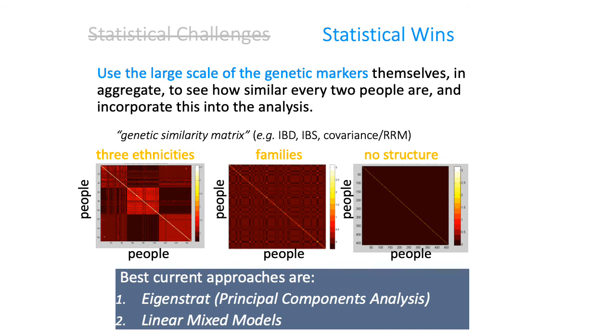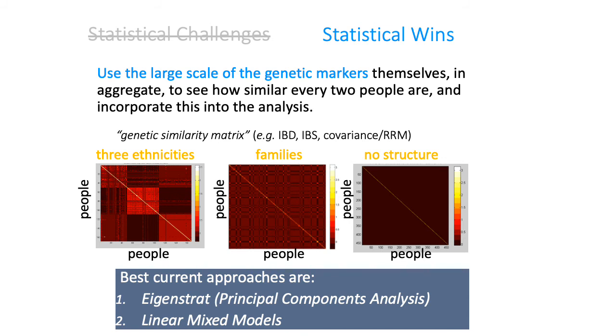Those blocks correspond to the fact that individuals of the same ethnicity tend to look more similar to each other than to individuals of other ethnicities. And we're all humans at the end of the day, so obviously there's still a lot of correlation between people of different ethnicities, but generally speaking, depending on which SNPs you're looking at, individuals of the same ethnicity will tend to look more similar to each other. So when you have three ethnicities in your cohort, you might get three loosely defined blocks on the diagonal.